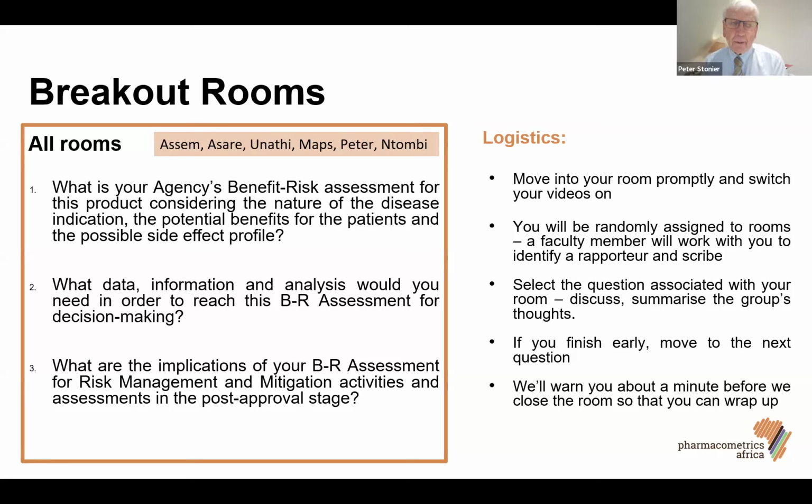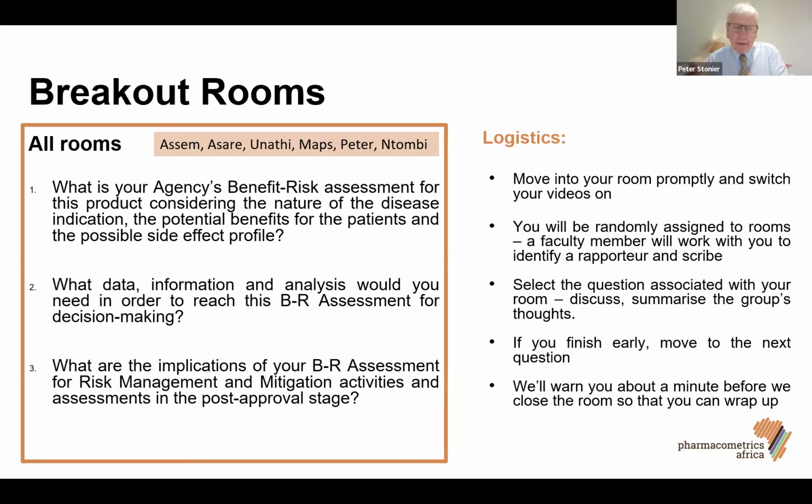Basically, this was bringing in a bit more granularity into what data we would need to collect to advise on and drive the benefit risk assessment. What you've actually done so far is taken the case study that was presented to you and looked at the various issues to do with psoriasis in your community and the treatments that are available and looked at the benefits and risks from that point of view.